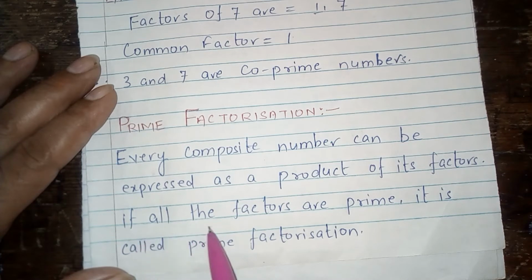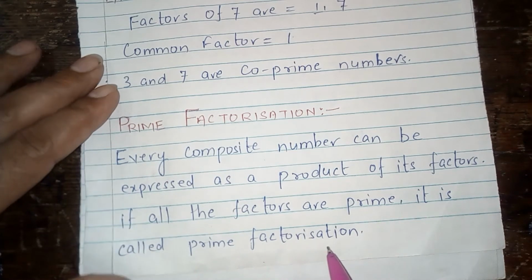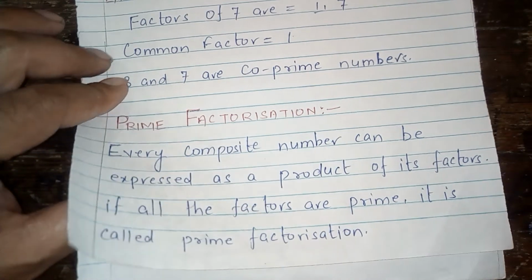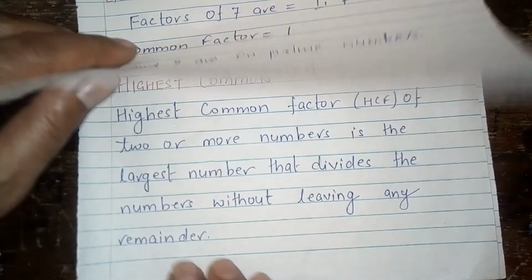If all the factors are prime, it is called prime factorization. I want to repeat for you: every composite number can be expressed as a product of its factors, and if all the factors are prime, it is called prime factorization. I want to give some examples for prime factorization. Now look here.